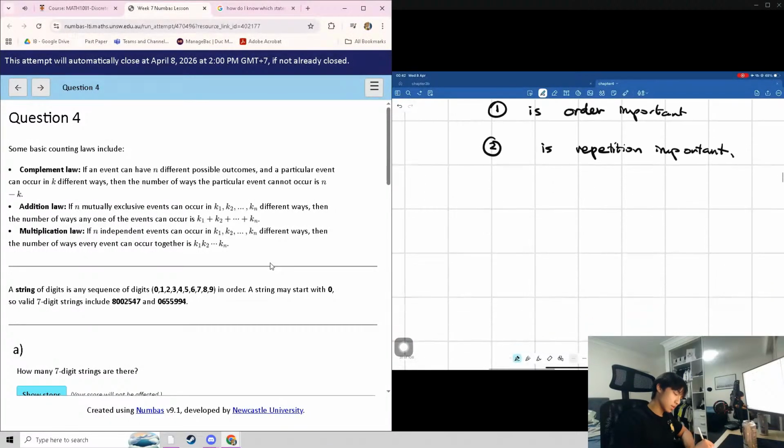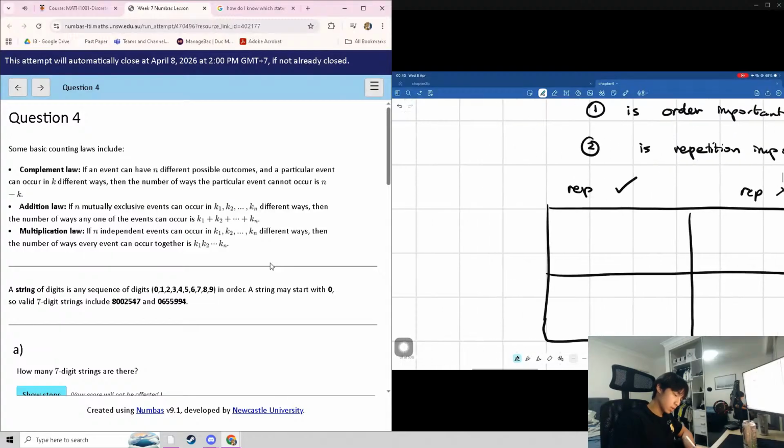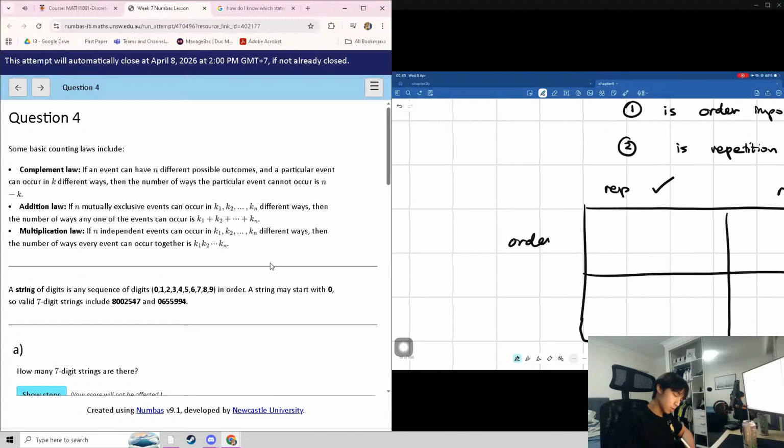And yes, there's a table to learn. It's better that we understand, but also good that we learn. Repetition good, repetition not needed, order good, and order not needed.